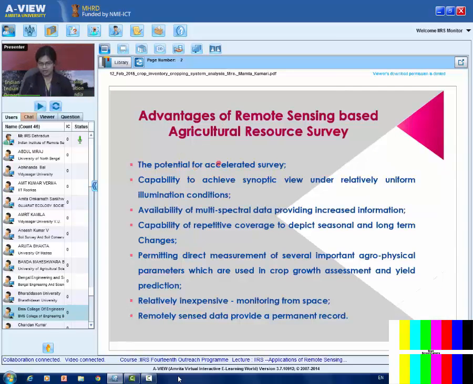Because I think all of us already know after so many lectures, remote sensing has potential for accelerated survey. It can have the synoptic view over the area.